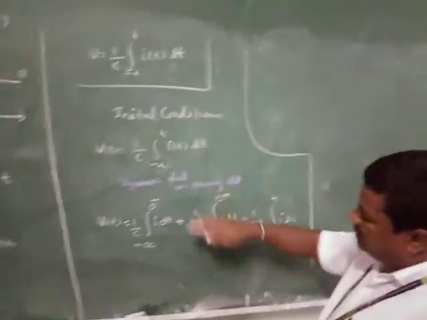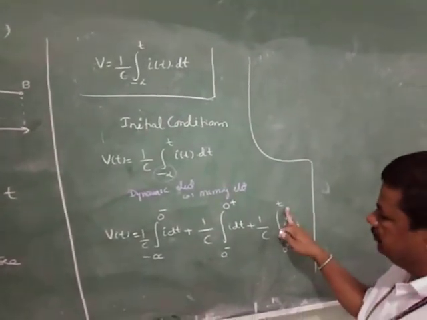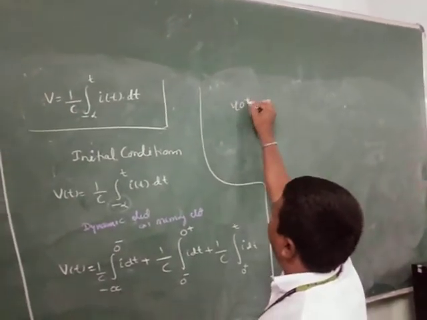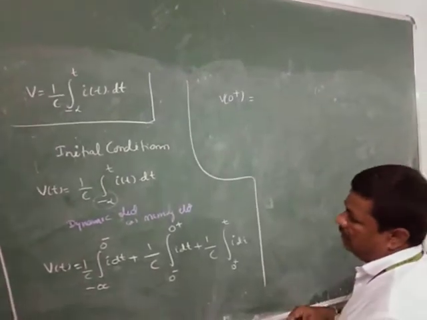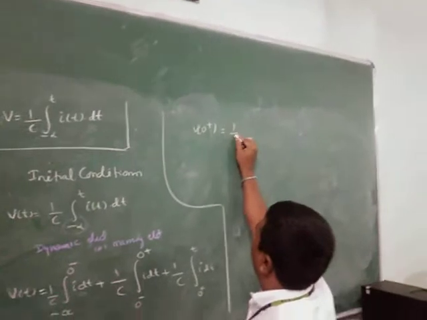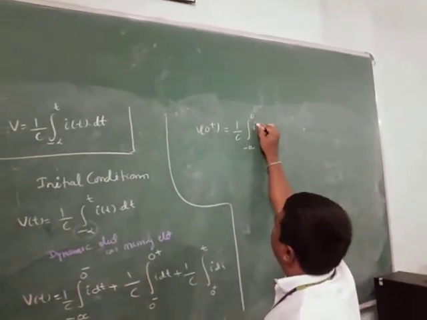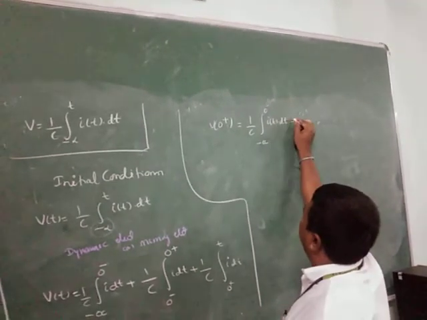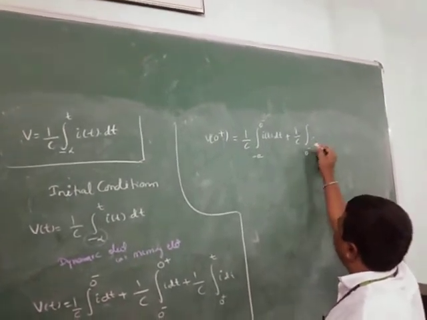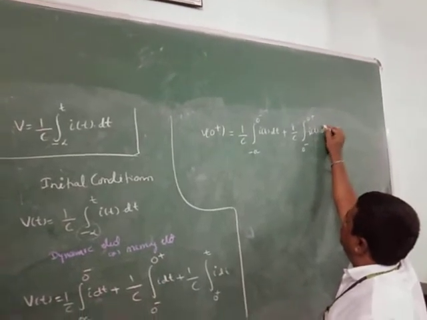The same integral can be expanded using three terms. Now suppose you want to calculate V of 0 plus. Based on this basic equation, 1 by C integral from minus infinity to 0 minus of I of t dt plus 1 by C integral from 0 minus to 0 plus of I of t dt.